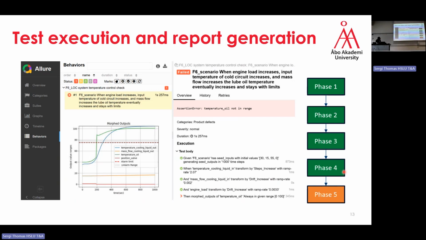This report can also be integrated with task management tools such as Jira, Jenkins or Git. So we are enabling this kind of executable test specification generation using metamorphic test patterns.